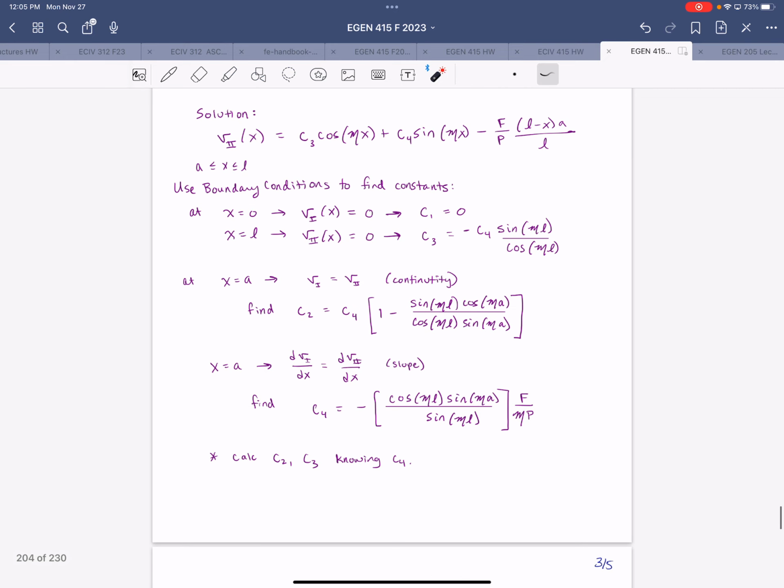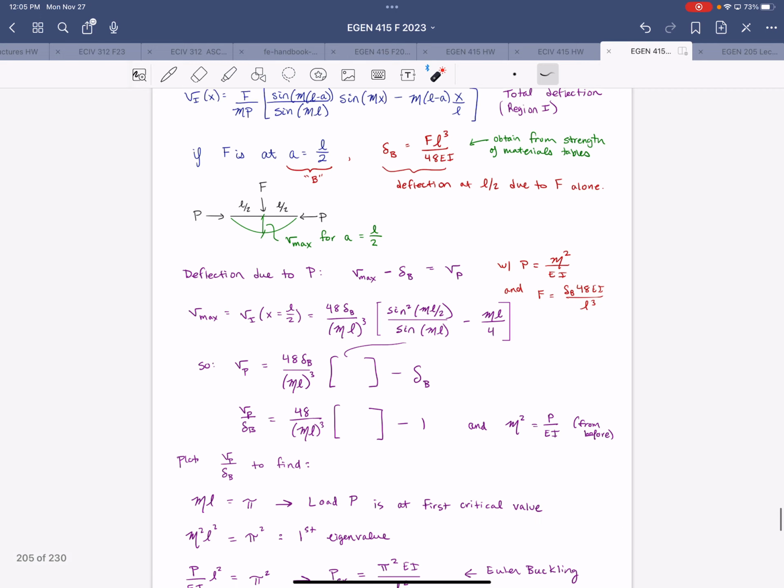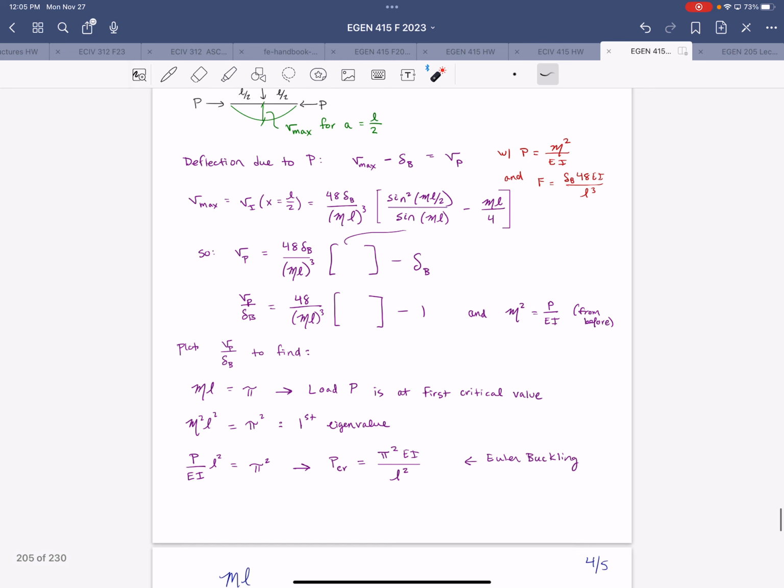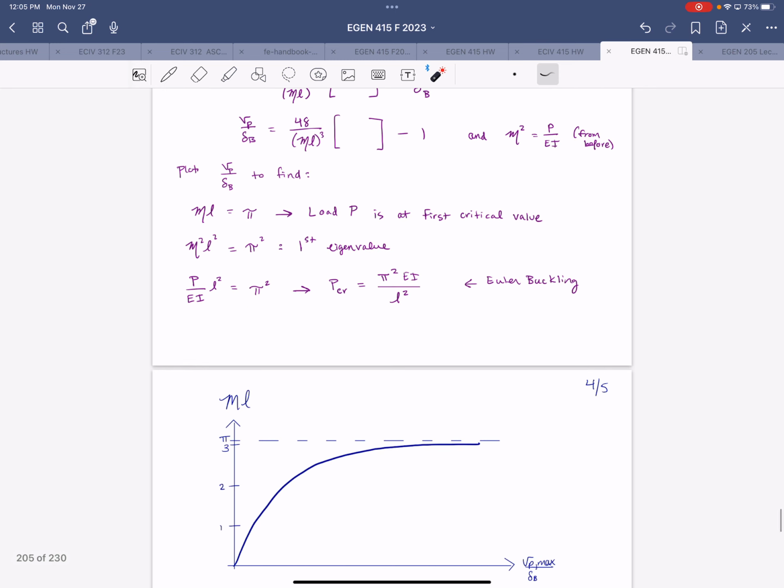And remember, to obtain those 4 constants, we had to use continuity boundary conditions, where at the location of the transverse load, not only is the deflection the same, but the slope is also the same.